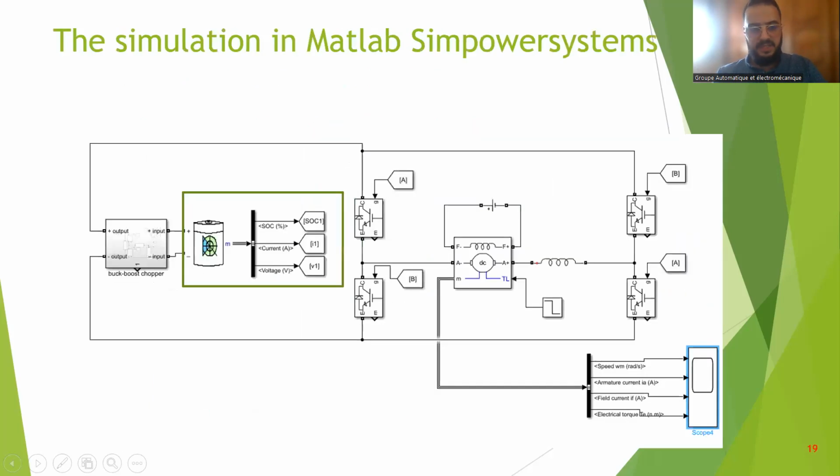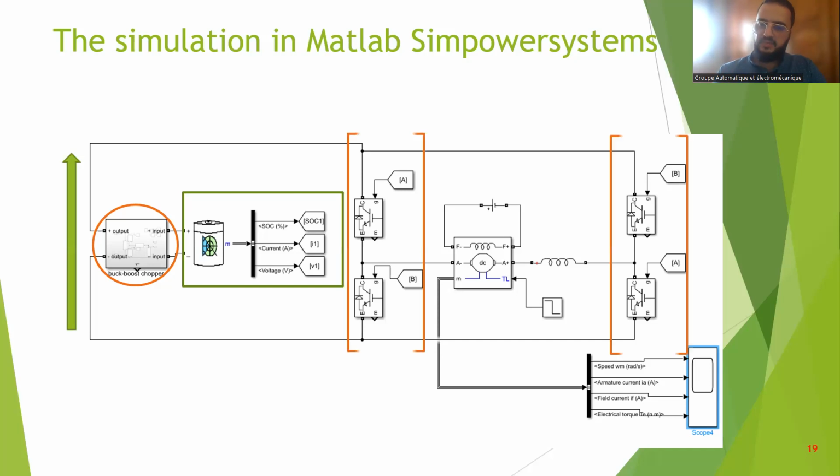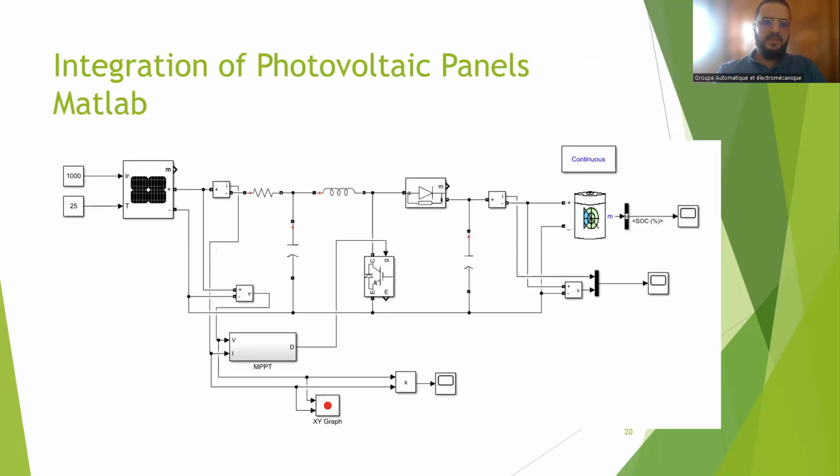This is our simulation. This is the battery, the buck-boost chopper that maintains the bus at a fixed voltage, and here we have our four-quadrant chopper that drives our motor. This is the integration view. You can see the PV, the boost chopper and the battery.